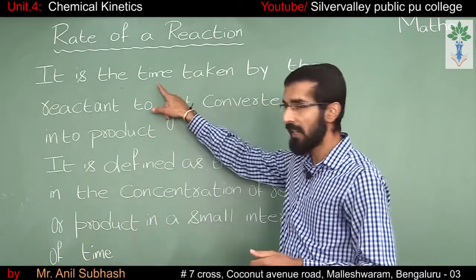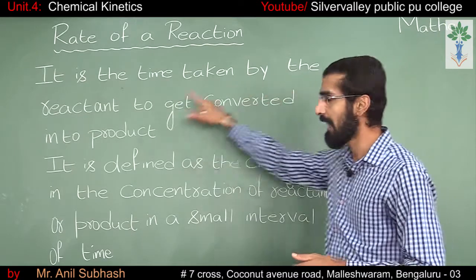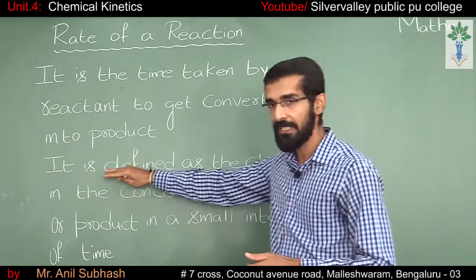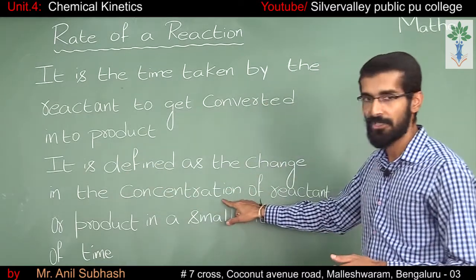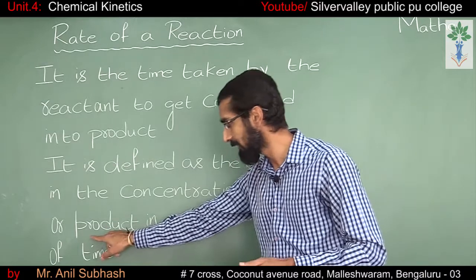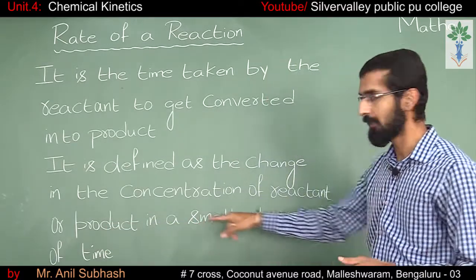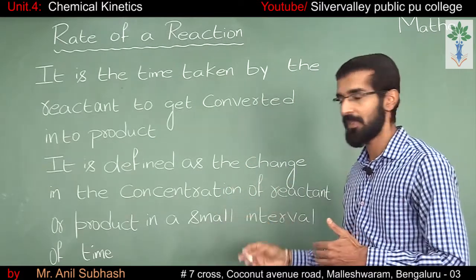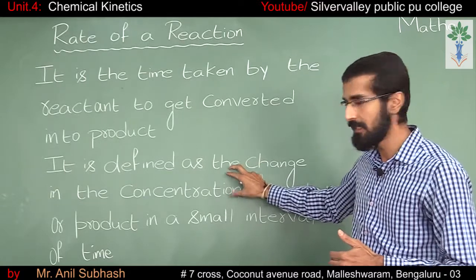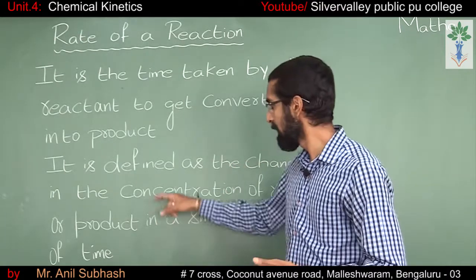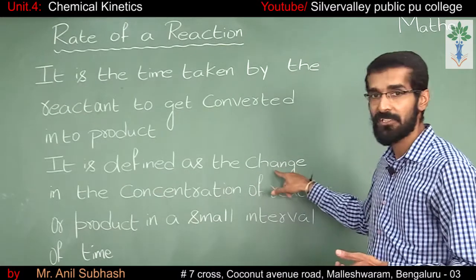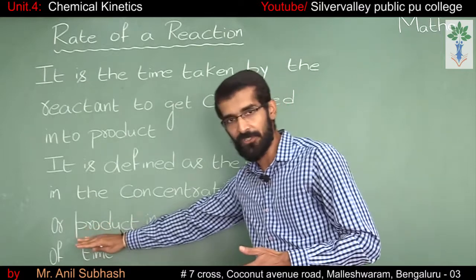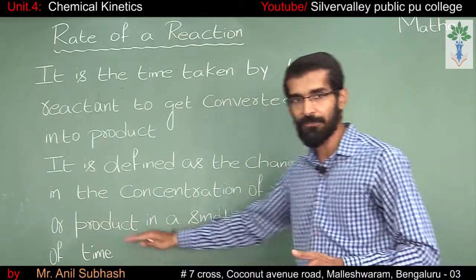Therefore, rate is defined as the time taken by the reactant to get converted into products, or it is also defined as the change in the concentration of reactants or change in the concentration of products in a small interval of time.